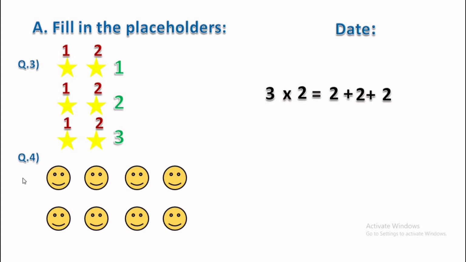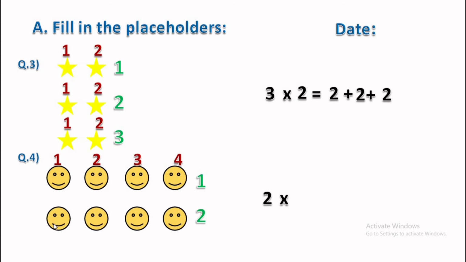Then question number 4. Question number 4 is pictures of smileys. Let us count the rows first. 1 and 2. Then we will write 2 rows. Multiply by the number of objects in each row. 1, 2, 3, 4.